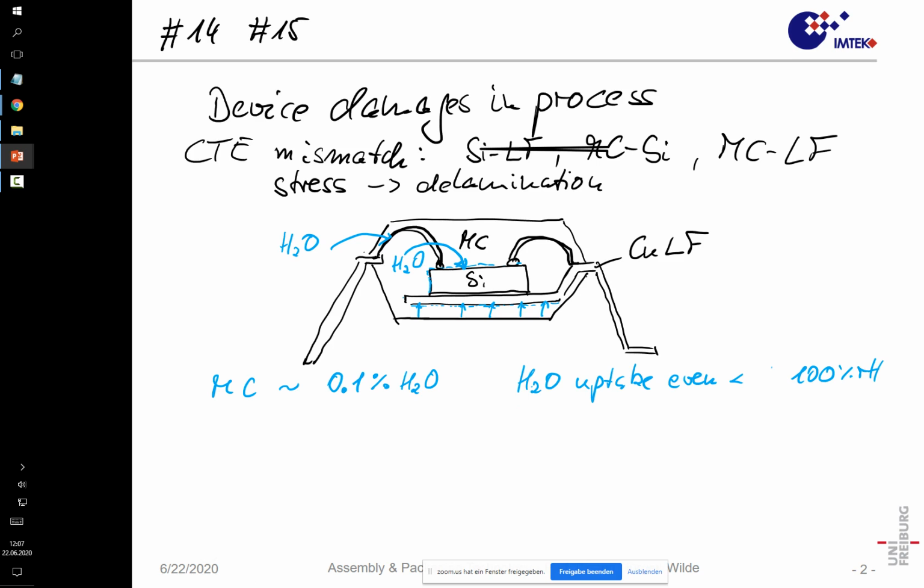And we have condensation on interfaces. These lead to a certain amount of water, so a higher amount of water.